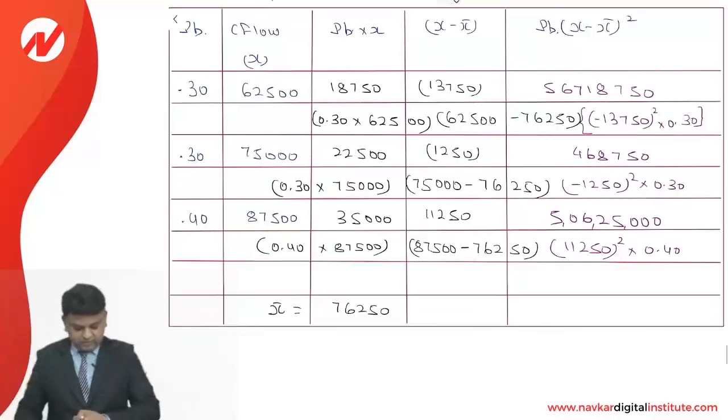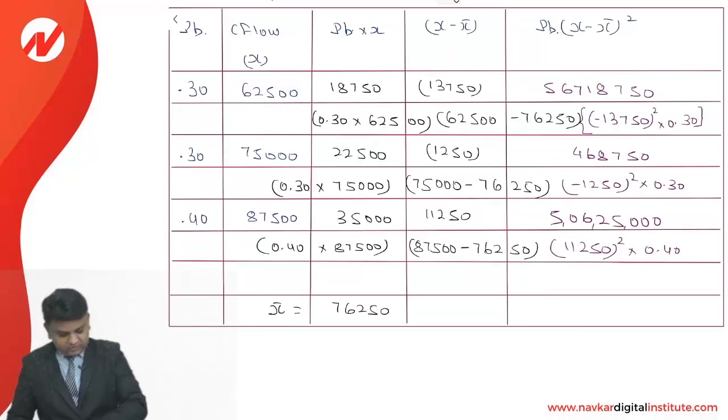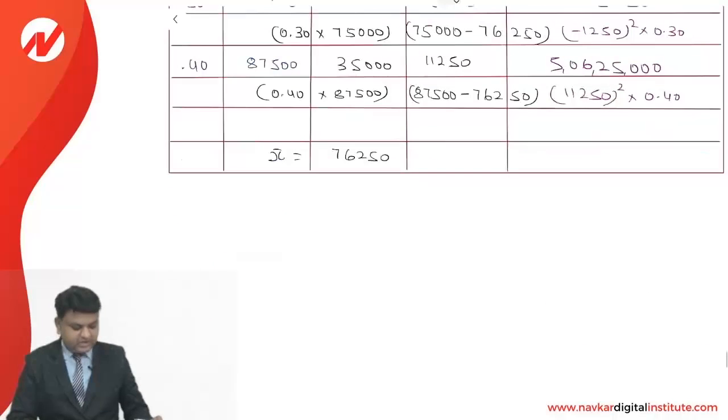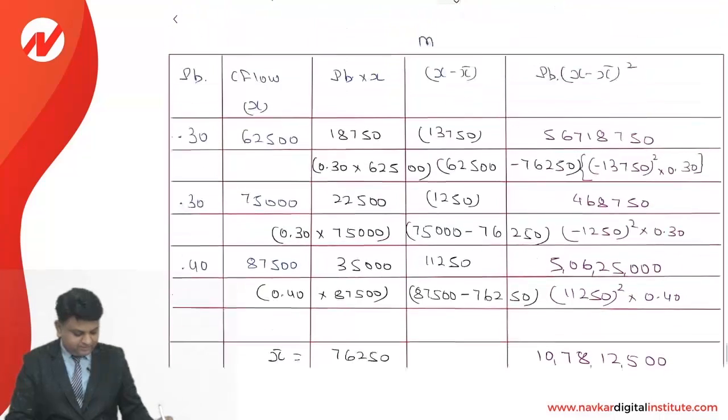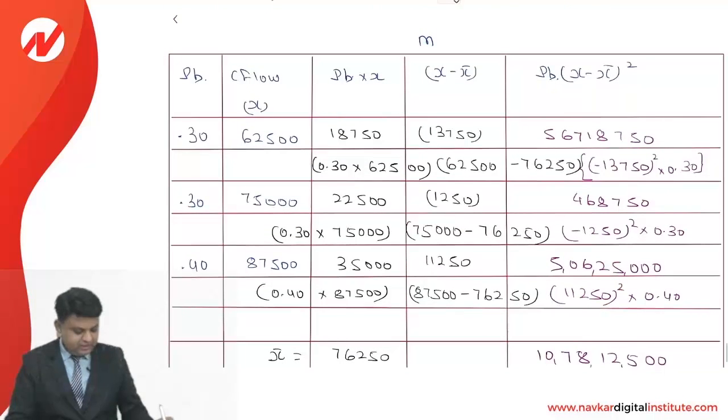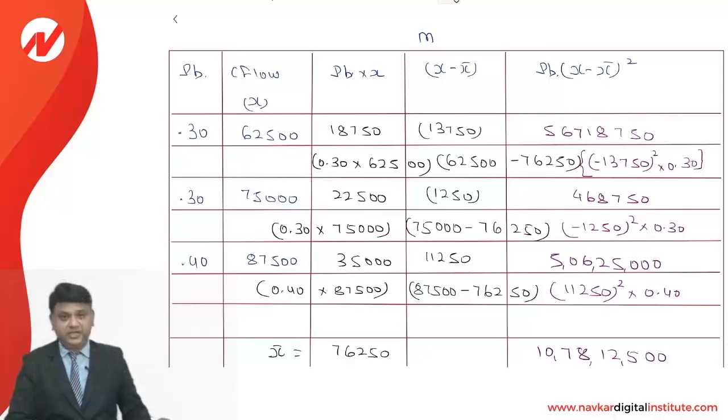Now we'll make the total. 5 crore 67 lakh 18,750 plus 4 lakh 68,750 plus 5 crore 6 lakhs 25,000 comes to 10 crore 78 lakhs 12,500. This is the way the mean value and variance is calculated for project M.